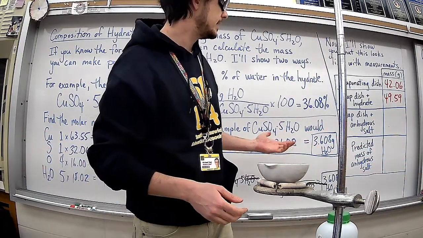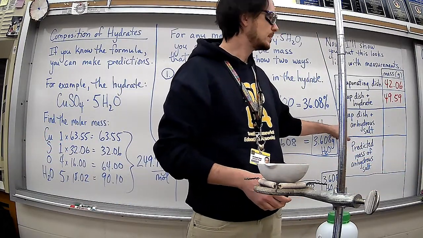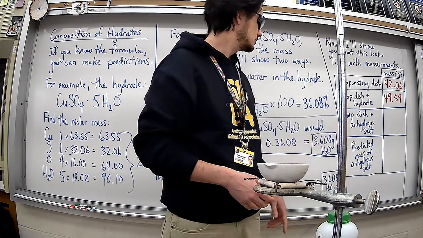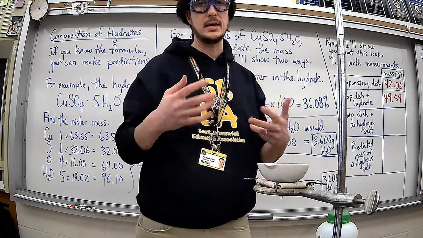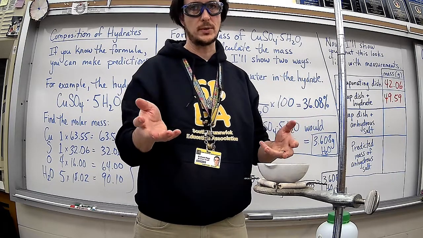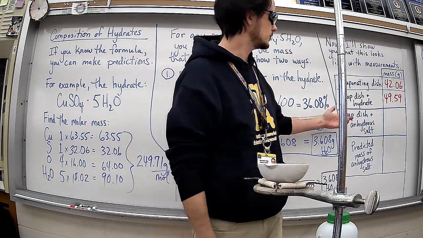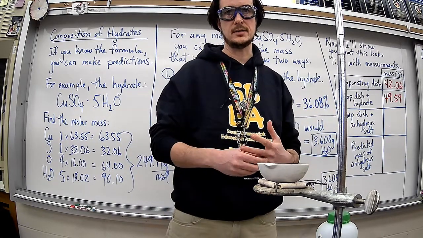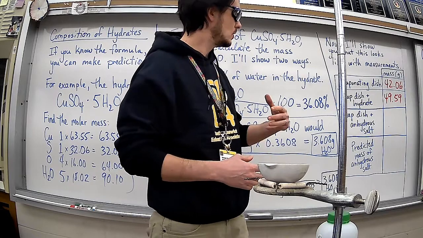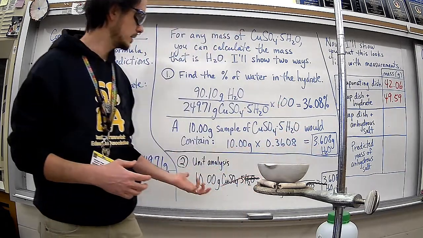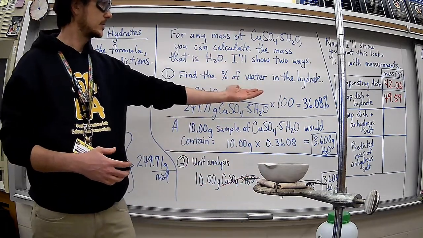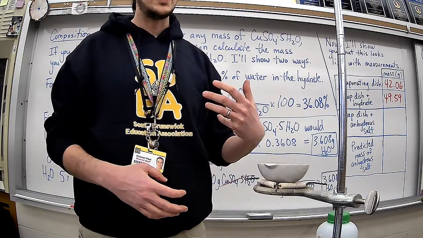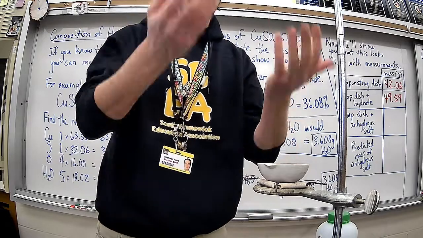All right, so I'm going to heat this. The next measurement we want is the evaporating dish plus the anhydrous salt. So what you should be able to do, even now as this video is going on, is first of all calculate the mass of the hydrate that I'm using, and then, since it's got 36.08% water, what is the mass that you expect to leave?